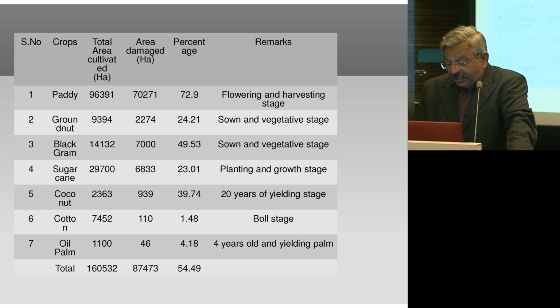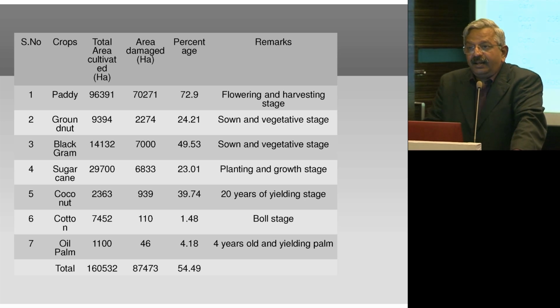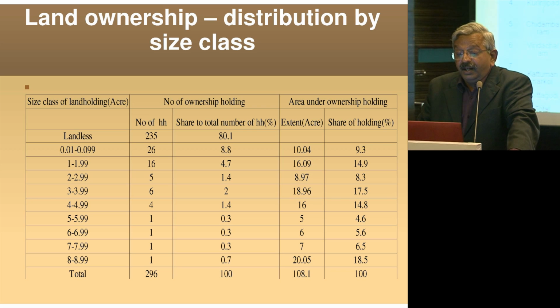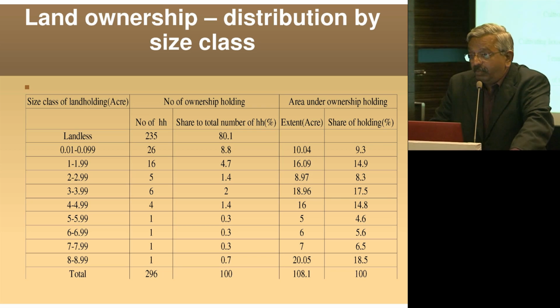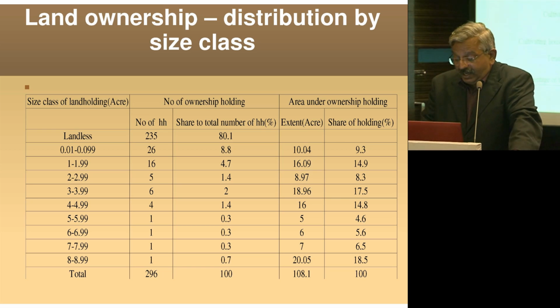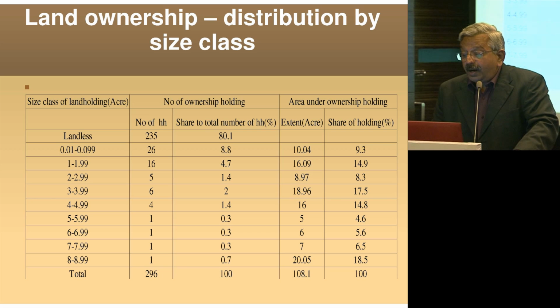It was quite extensive damage which was due to the cyclone. It slammed in when the paddy was ready to be harvested, so it did enormous damage. So we studied one village on the border of Pondicherry and the Cuddalore district, and the pattern of land holding is such that there is a huge number of landless in that village.